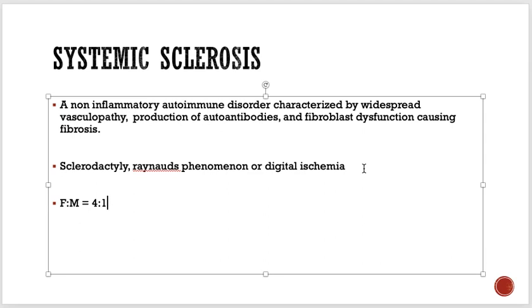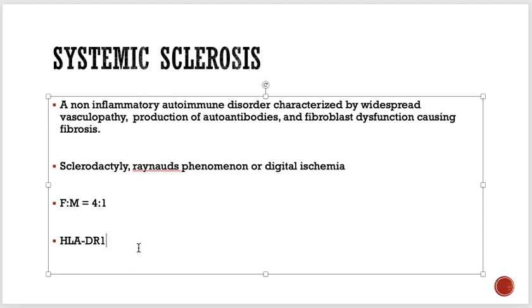So mostly it is after the fourth decade, or you can say the fifth decade and the sixth decade. And in the pathophysiology, there is some evidence that people who carry HLA-DR1 are more commonly involved. And as I told you, they found some evidence like exposure to silica or aromatic hydrocarbons.